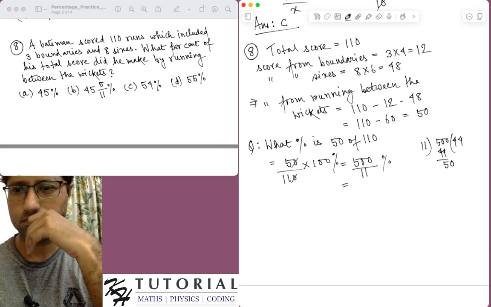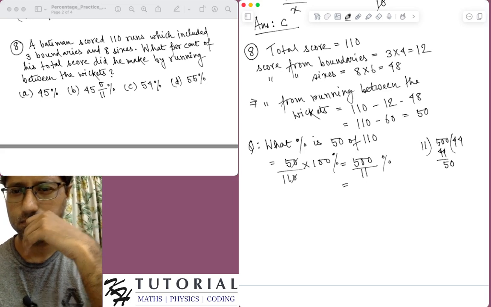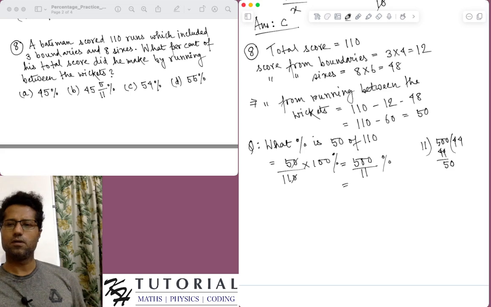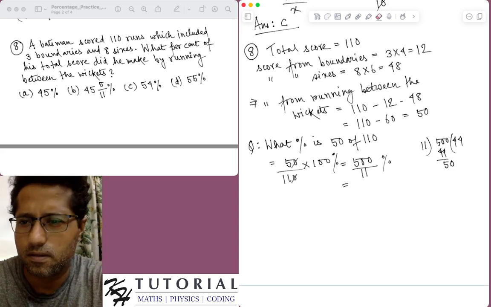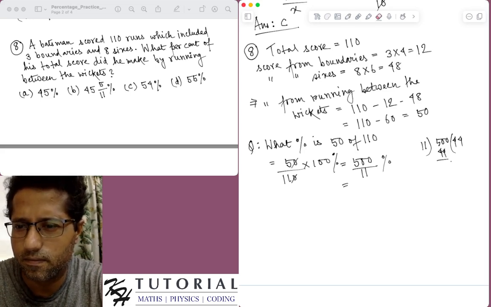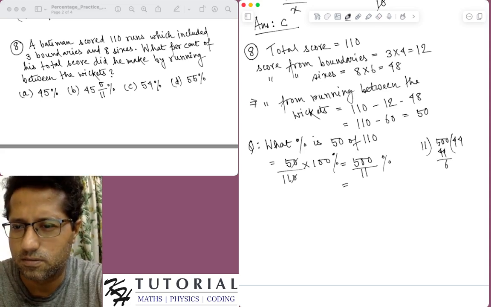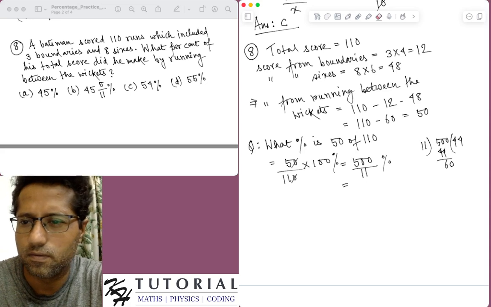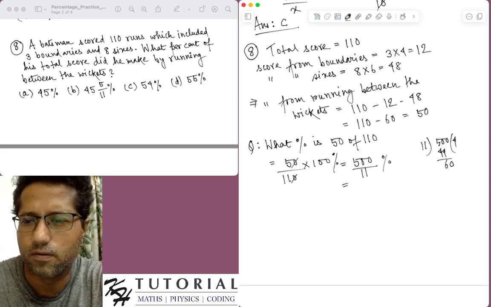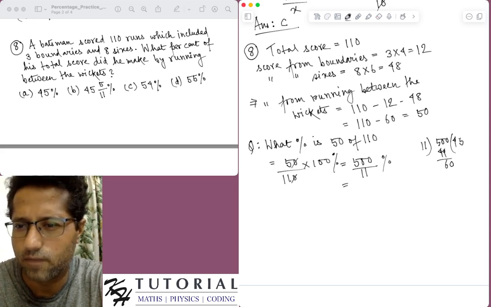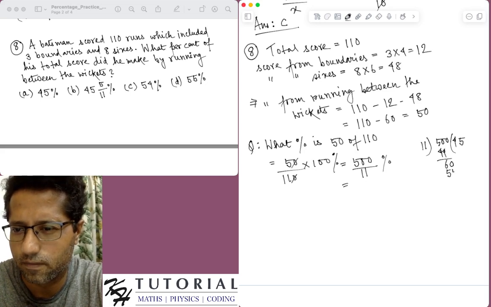Now we will have 55, and we have remainder 5.